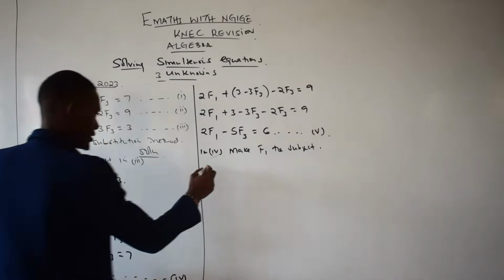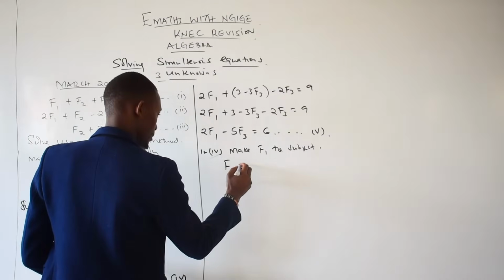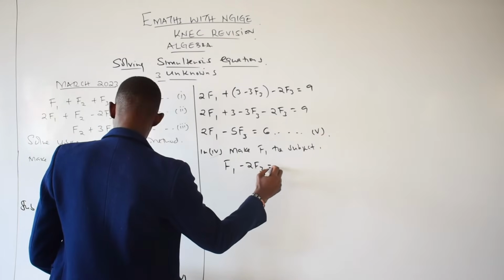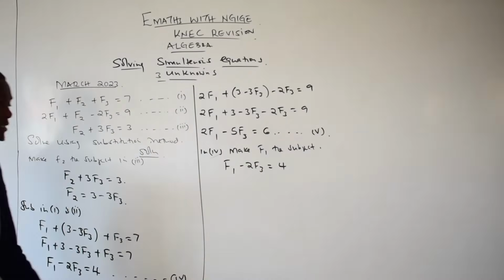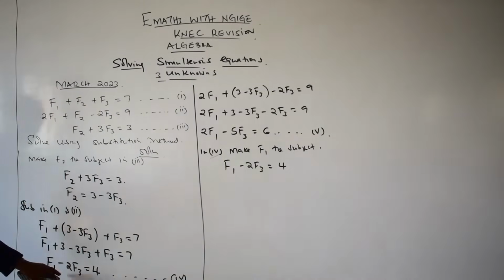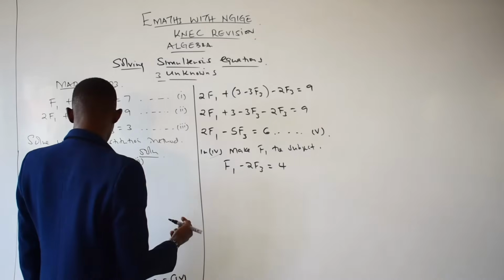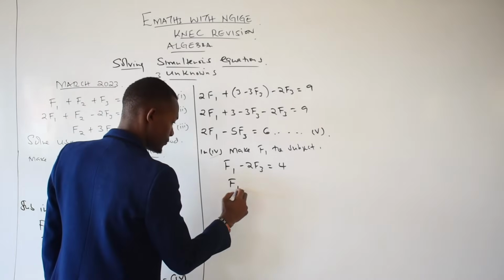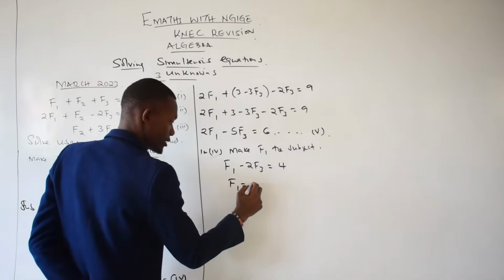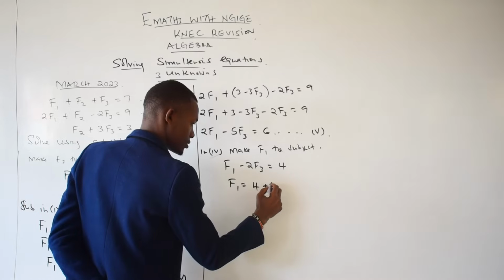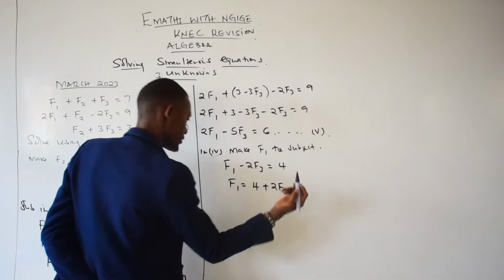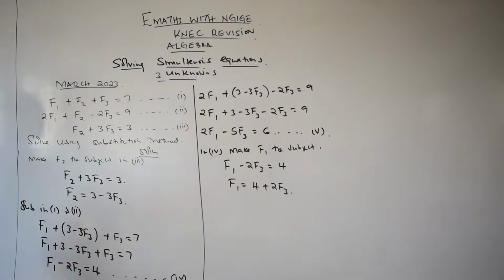So if we have f1 minus 2f3 equals 4, now we make f1 the subject. We take 2f3 to the right hand side. So f1 will be given by 4 plus 2f3. So we have that equation there.